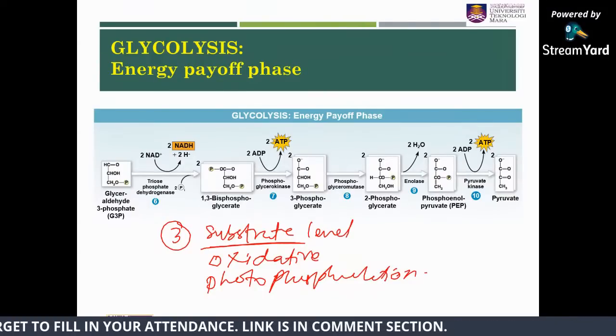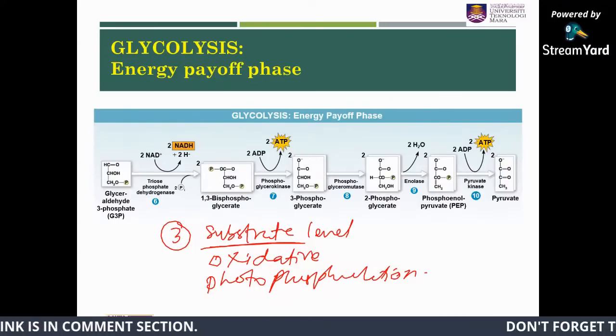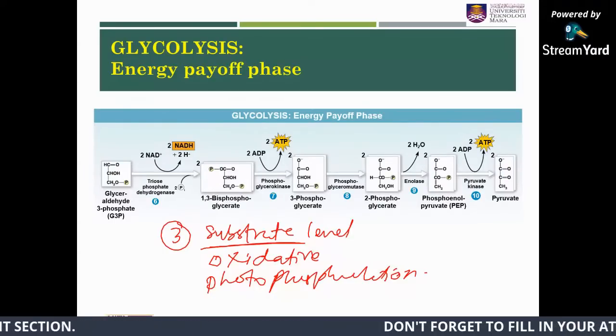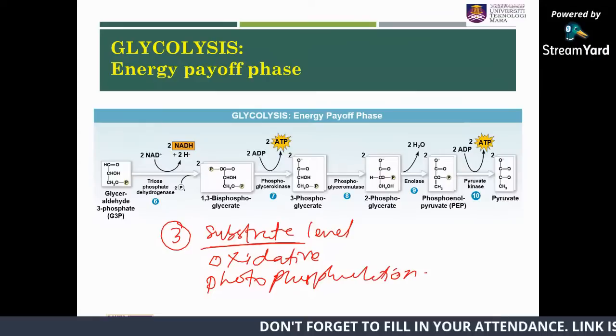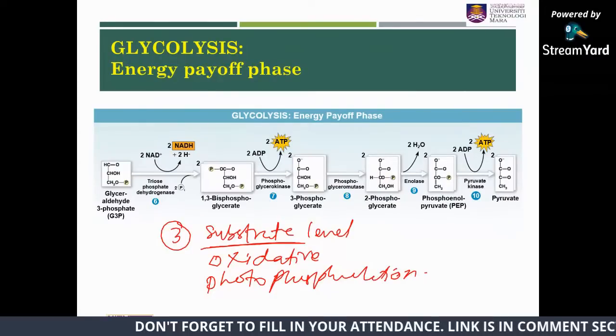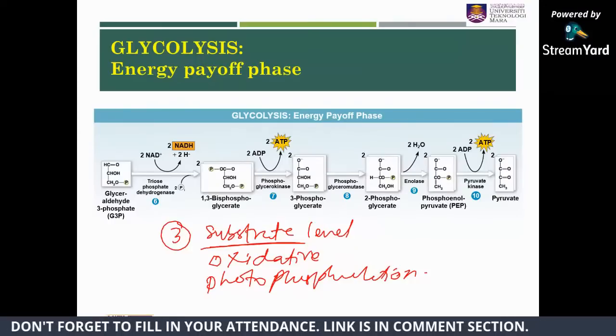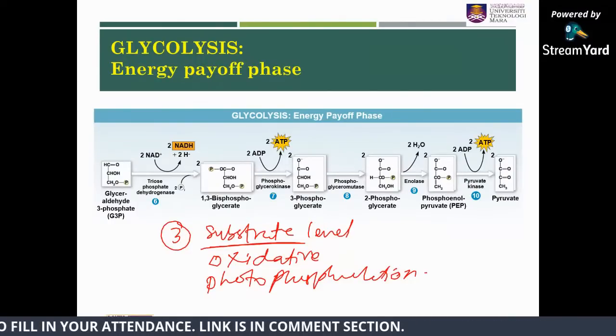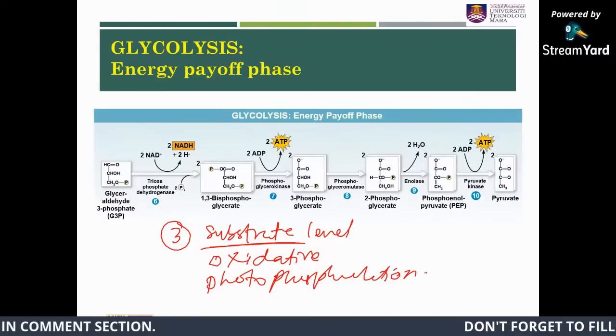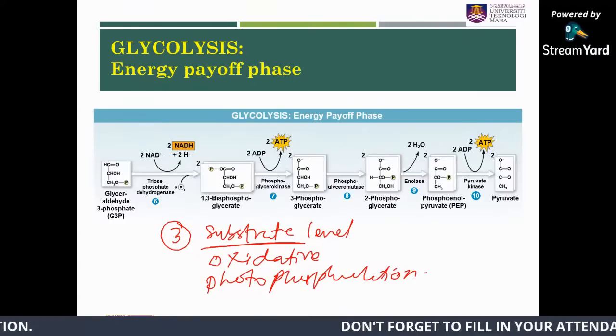So that is oxidative phosphorylation, which you menggunakan redox reaction on the first place so that you dapat energy that is released from electron, and then you create concentration gradient, and then H plus akan diffuse. Photophosphorylation is the one that occur in photosynthesis.